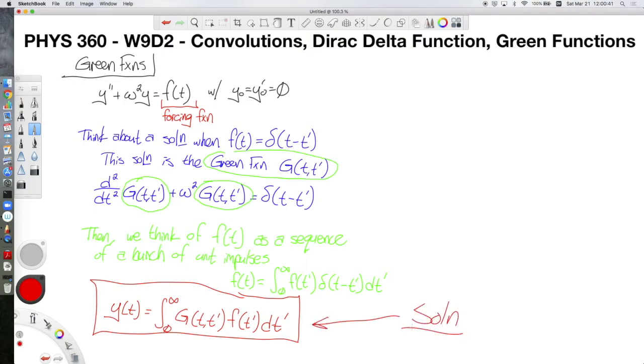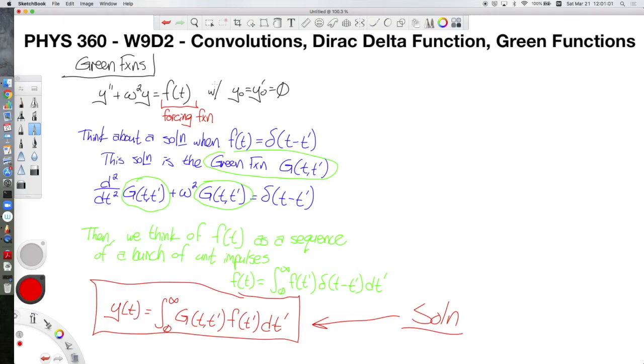So we're going to do an example of this. It may not be the most detailed example in the world, but it will give you a very good idea of how we might use Green's functions. The whole idea here is that homogeneous differential equations are easier to solve than inhomogeneous differential equations.